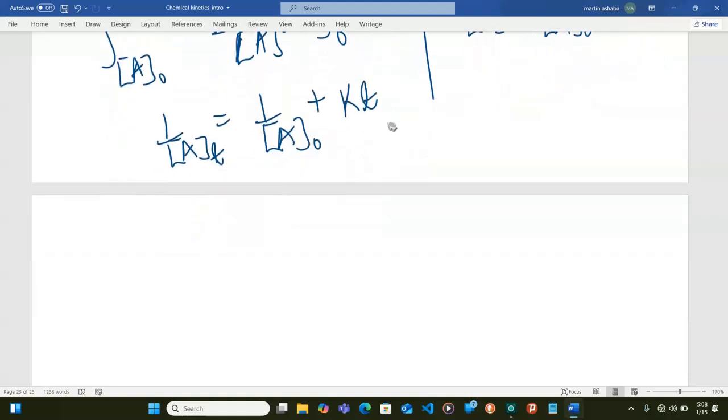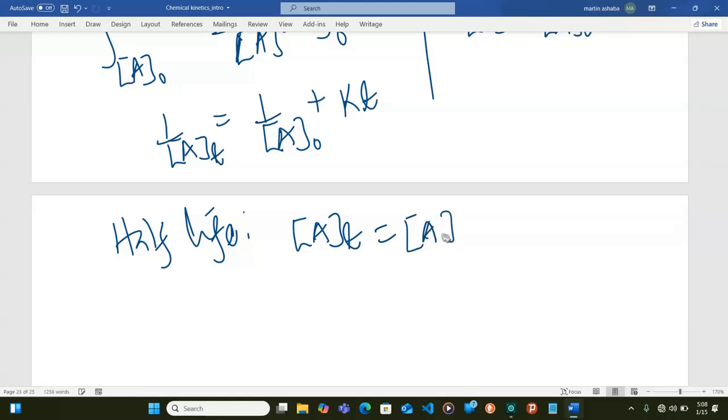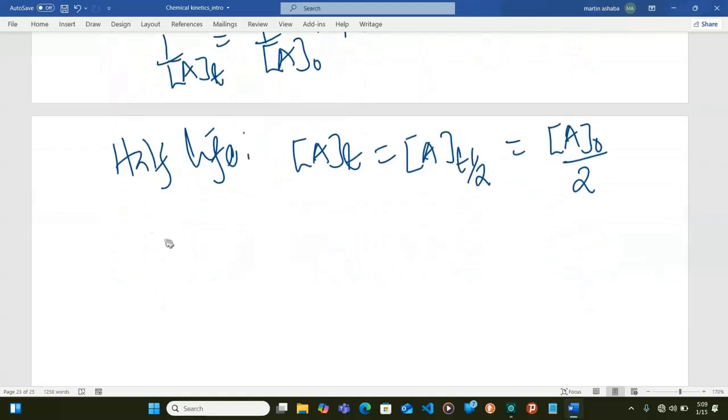So what does this mean? If I want now to talk about half-life, what does that mean? That this t will equal t half, and the concentration of A after a half-life is equal to the concentration at t equal to 0 divided by 2. So if I bring it in here, I'm going to put 1 out of [A] divided by 2.